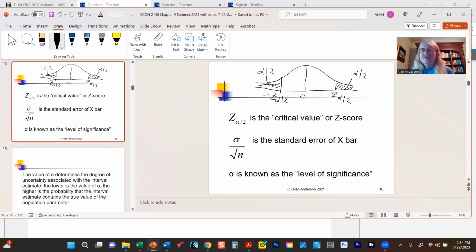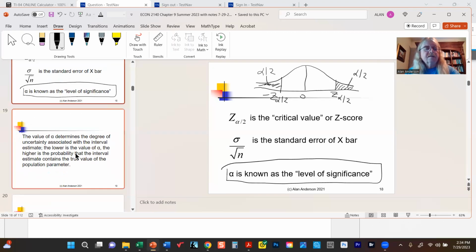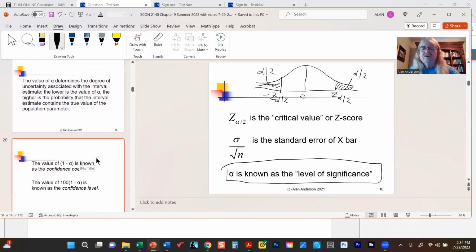Now that still leaves open the question, what is alpha? Well, alpha is known as the level of significance, but what does it mean? Well, this is related to the confidence level. How is that? So let me show you how this works. So we're going to define the following terms.